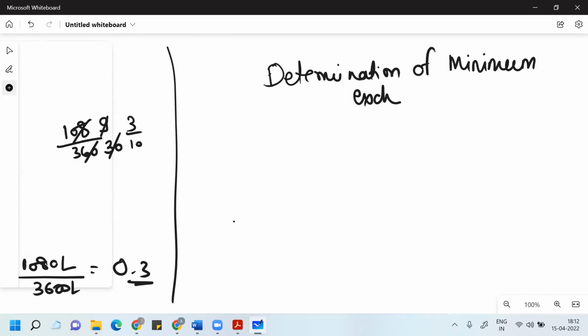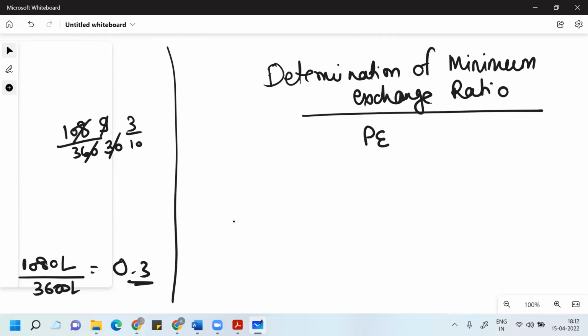For the minimum exchange ratio, you can understand that the market price per share for the combined firm into the minimum exchange ratio should be greater than or equal to the price of the acquired firm.